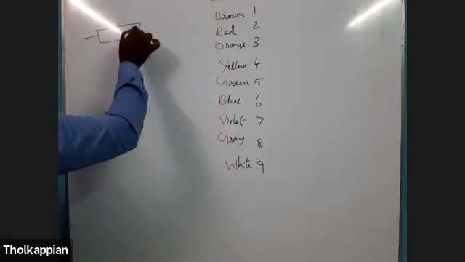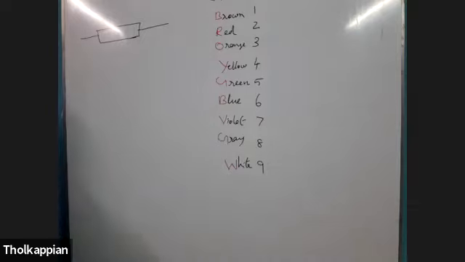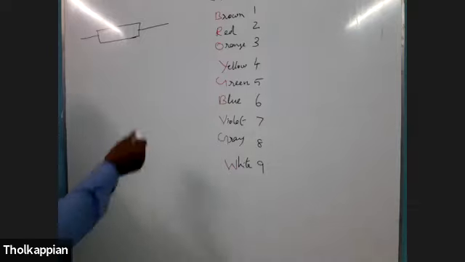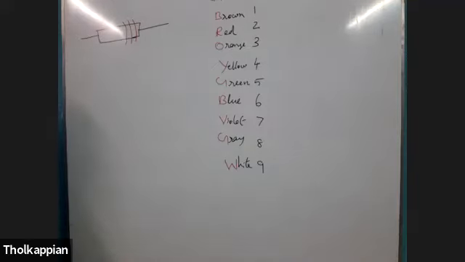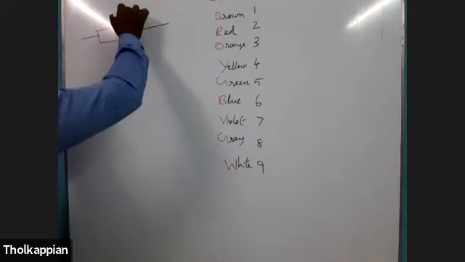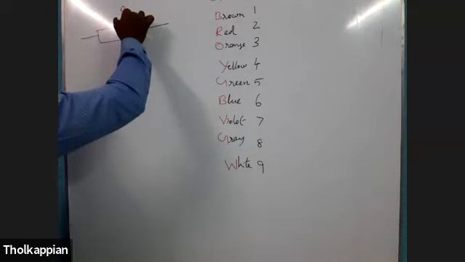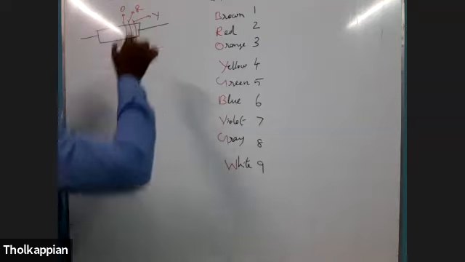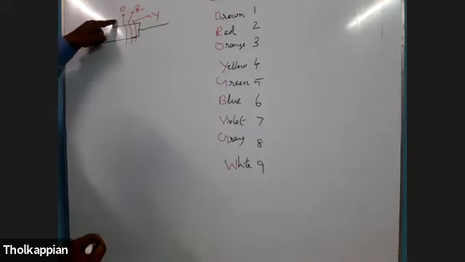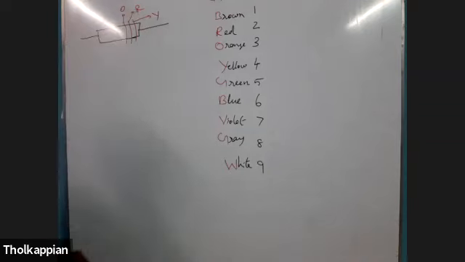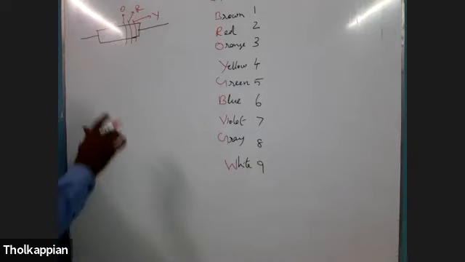This is the carbon resistor. I told you on this resistor, on one side, 3 colors are there. Suppose the first color is orange, next color is red, and next color is yellow. If the resistor is given like this, how can you find the value of resistance?